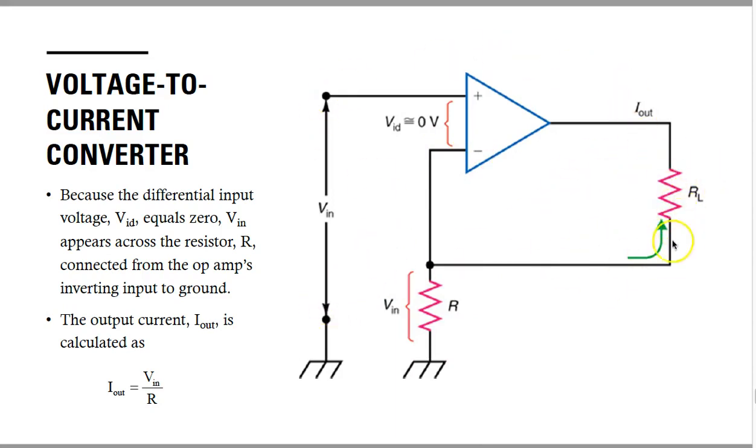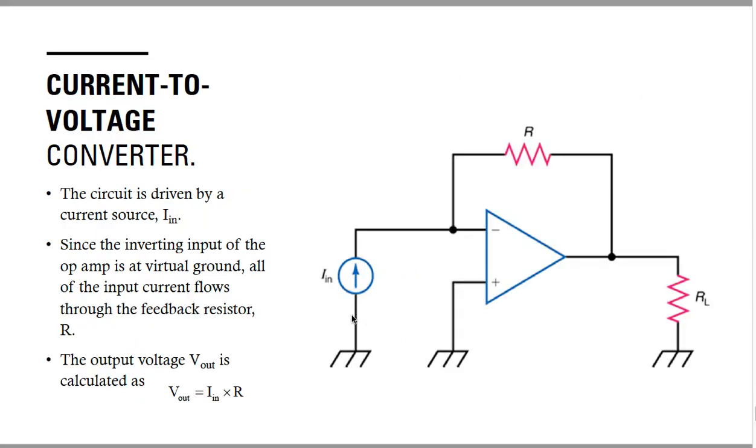So with this type of circuit, you can convert the voltage into a correct current, and easily calculate the value of the current. Let's quickly read here. Because the differential input voltage VID equals 0, Vin appears across the resistance R connected from the op-amp's inverting input to ground, and the output current I out is calculated using this formula. So this is your voltage to current converter.